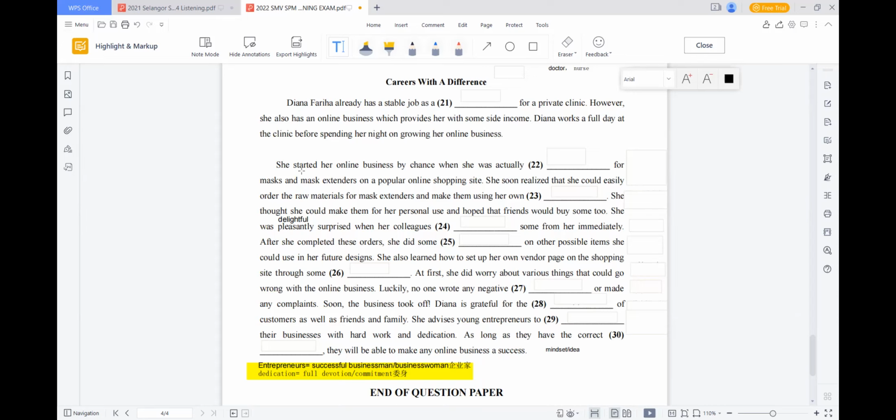So here, she started her online business by chance. By chance 就是偶然的机遇之下, when she was actually what? For mask and mask extender on a popular online shopping site. Mask, as you know, because of the pandemic, you will wear mask and mask extender. Usually mask extenders are for those Muslims who wear the extender because their head is covered by tudung.